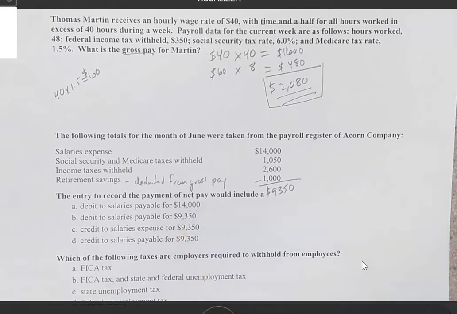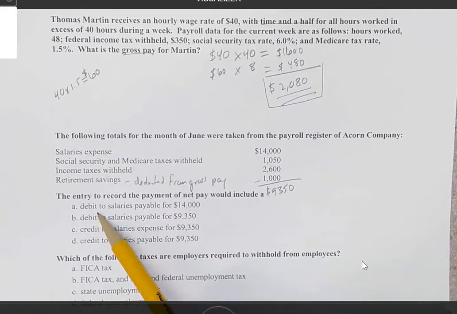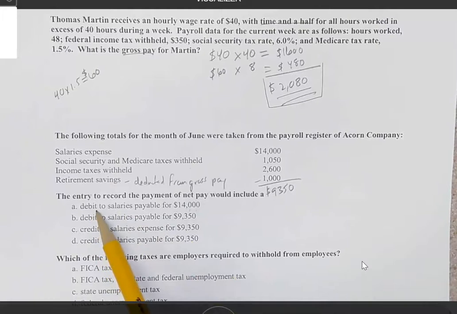Okay, so that's not right. Let's back up here. It says the entry to record the payment of net pay would include a debit to salaries payable for $14,000. The debit part actually is correct, but the figure by itself is wrong.